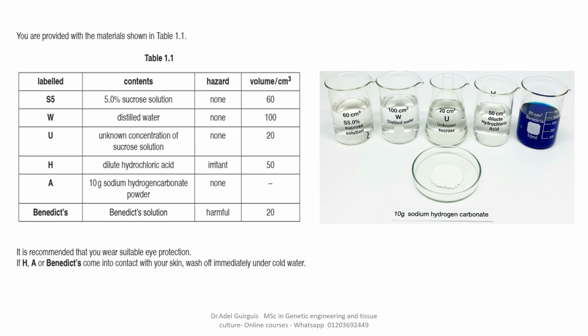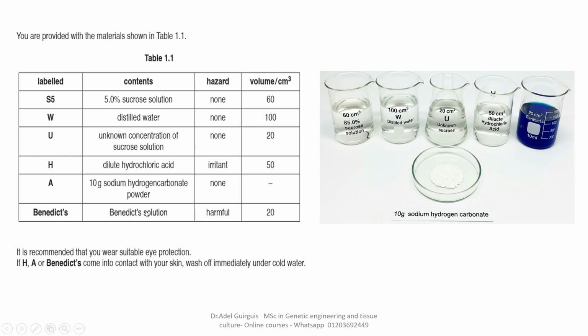A is 10 grams of sodium hydrogen carbonate powder in a petri dish, non-hazardous. Sodium hydrogen carbonate powder is also used in baking powder, when baking a cake, for example, so it is without hazard. Finally, Benedict's solution.